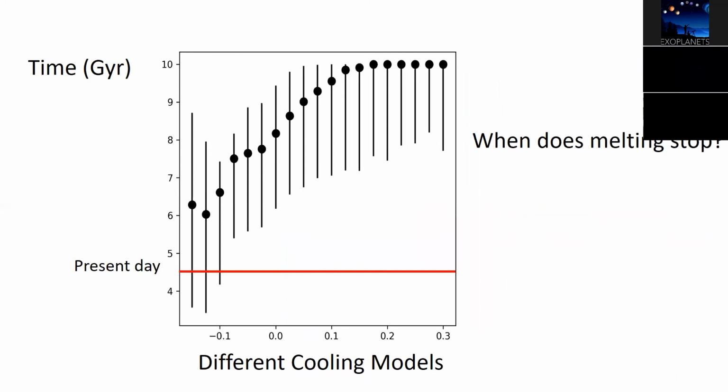Given all of Earth's data and all the different models, we can make a prediction that melting will shut down, for the average solutions, in 1.5 billion years, to it's still going on at 10 billion years, so double the age of the Earth. That's highly uncertain, not very promising. It doesn't really give us much information, but it's what we have to work with.